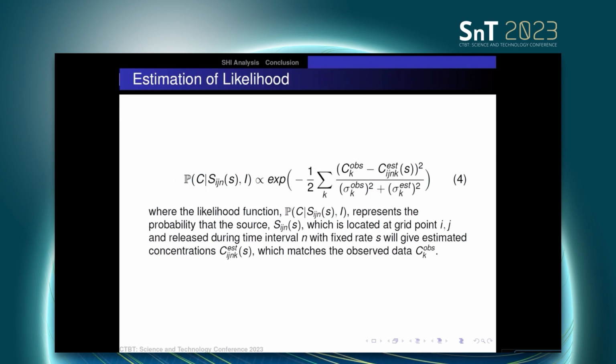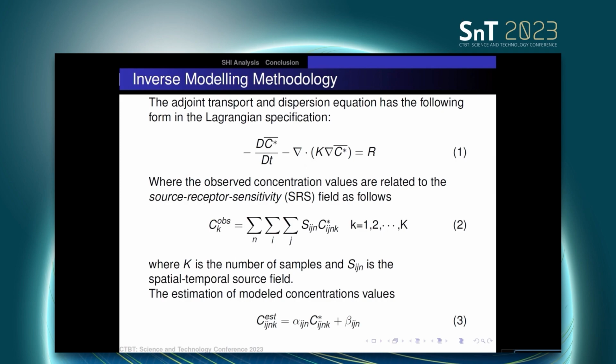The relation between the observation and SRS field is like this. The SRS field in that equation is represented by C asterisk, the observation value is C, and there is the source term. The source term in our case is unknown, so we should invert this matrix equation, which is of very huge dimension, about tens of millions of degrees of freedom.